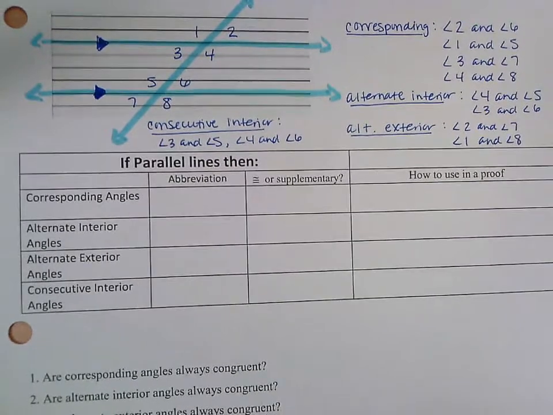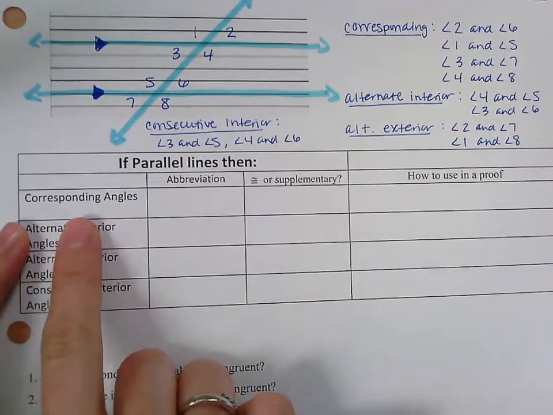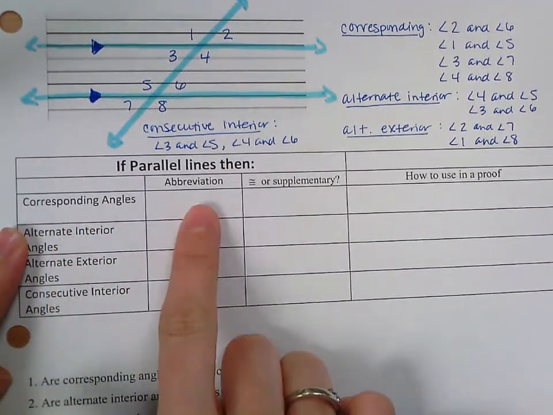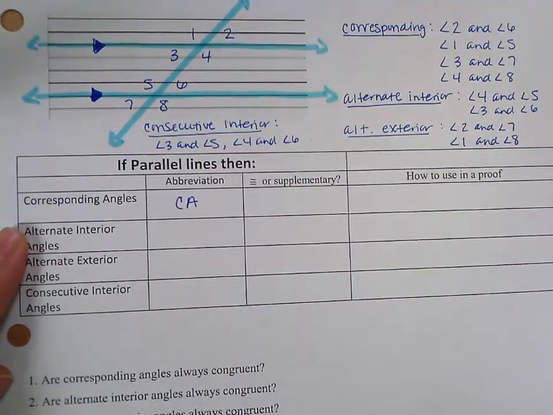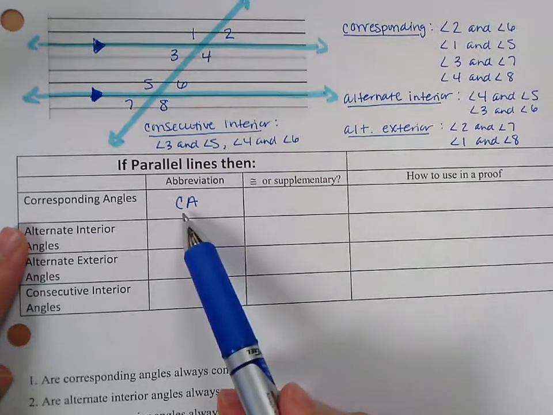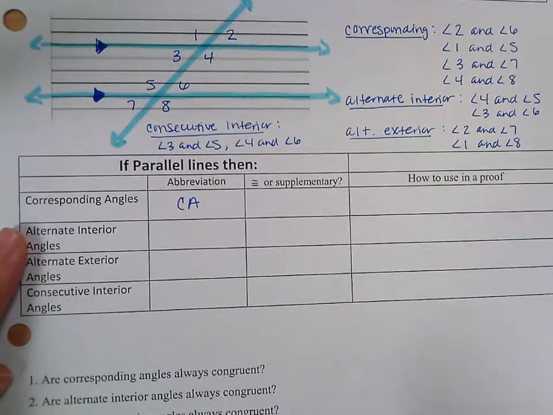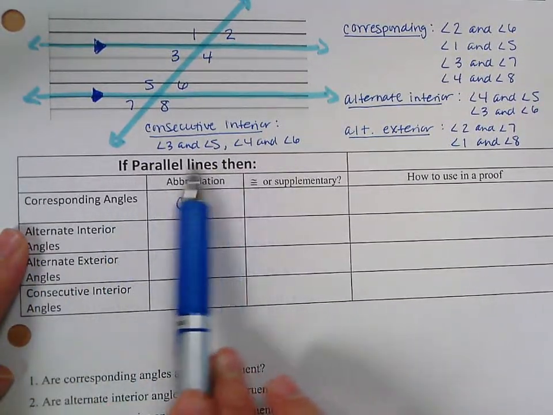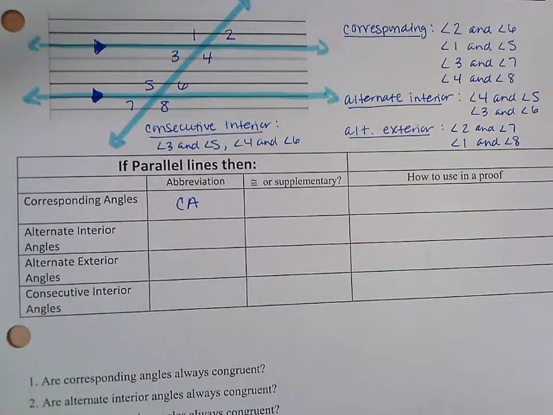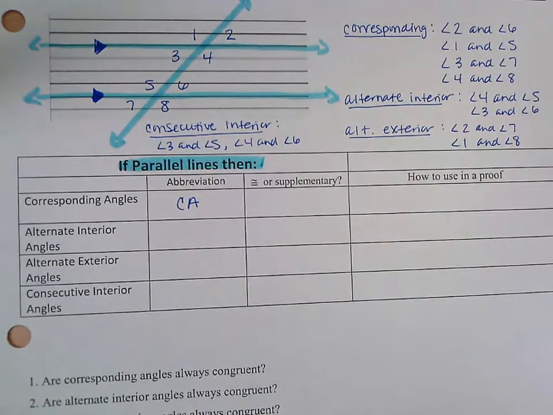So what we are going to see is, if we start here in this table, corresponding angles. If you ever see the abbreviation CA, that's corresponding angles. And you can write that instead of writing out the word corresponding. Corresponding angles, if the lines are parallel, so this is important for you to see, this is only true if the lines are parallel.